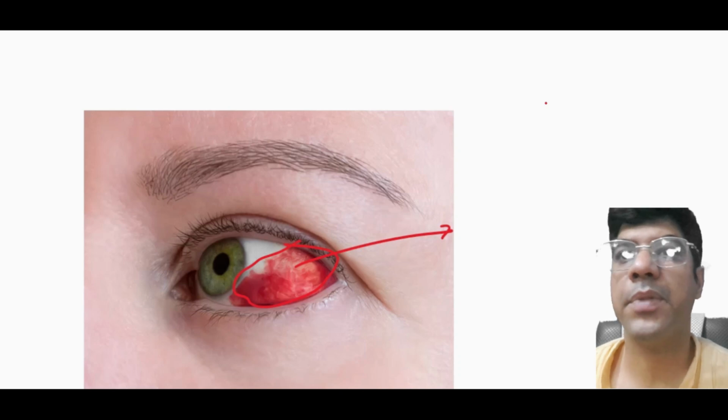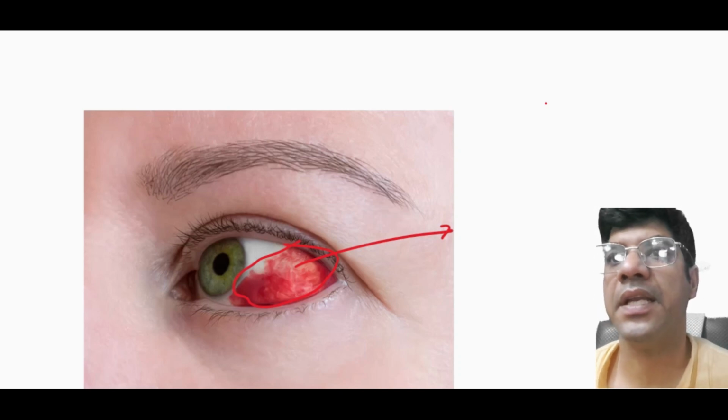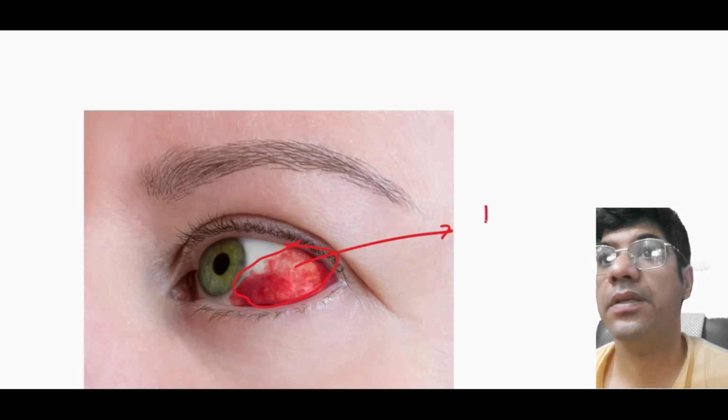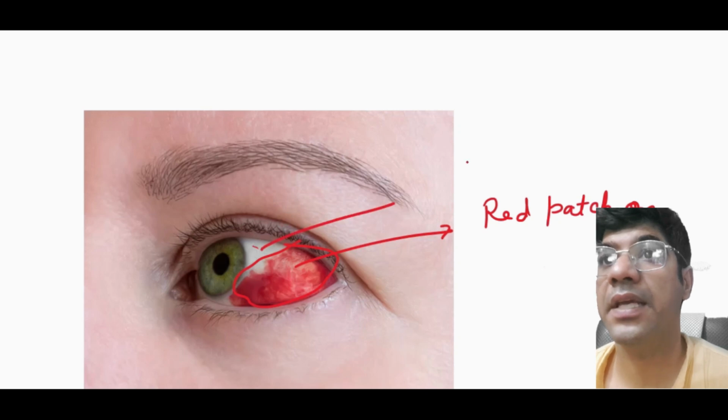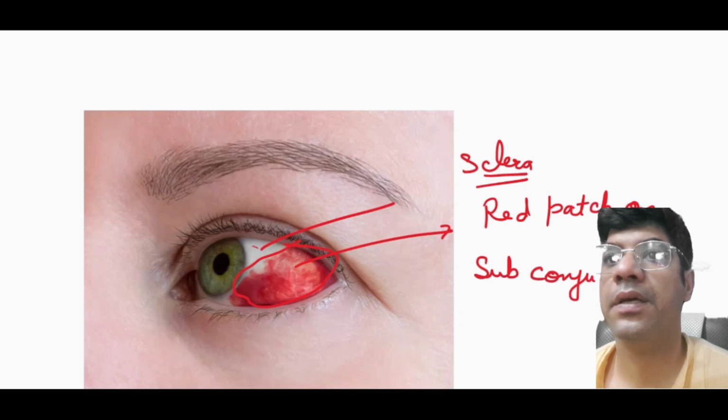Bleeding in the subconjunctival tissue results in a red patch on the white part of the eye, that is the sclera, and it is known as subconjunctival hemorrhage.